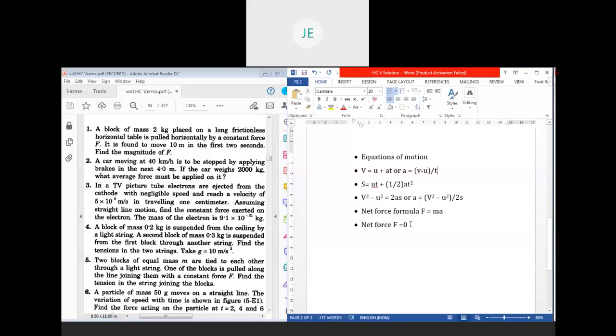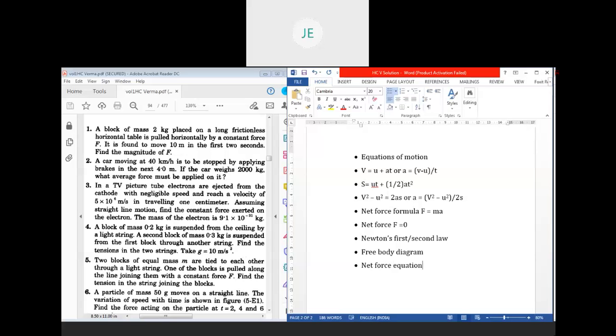So these kinds of points you should know, and you should have an idea about Newton's second law, Newton's first law, and about free body diagrams, and about the net force equation, how to make it: left side, right side, upwards, downwards.